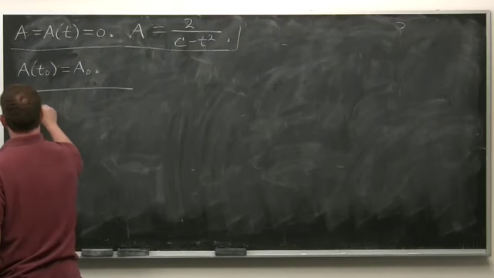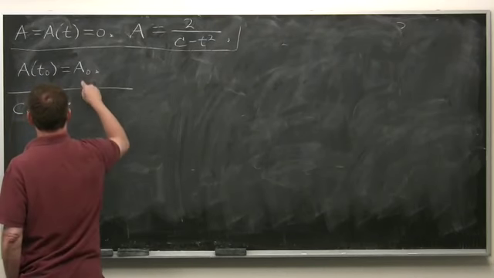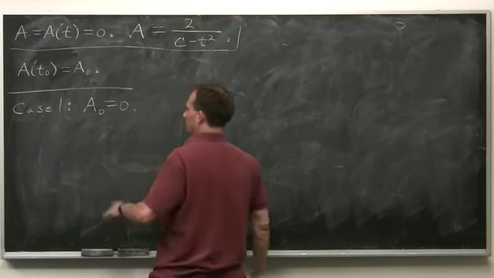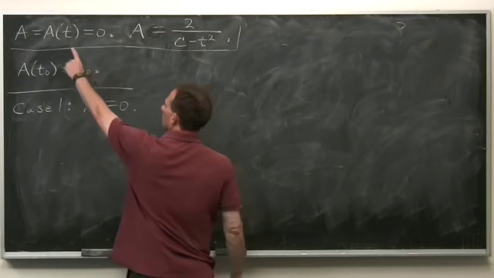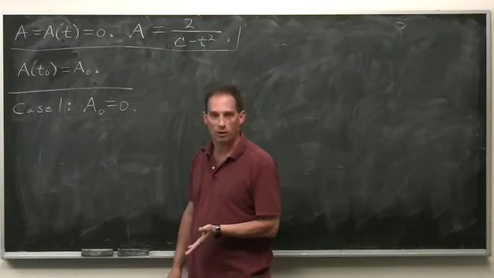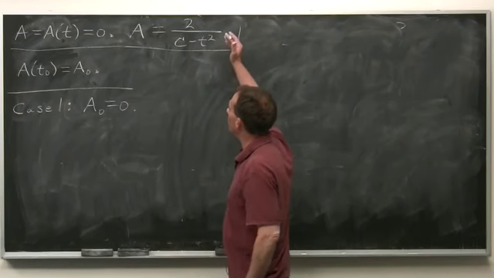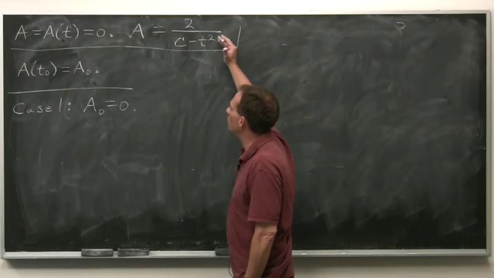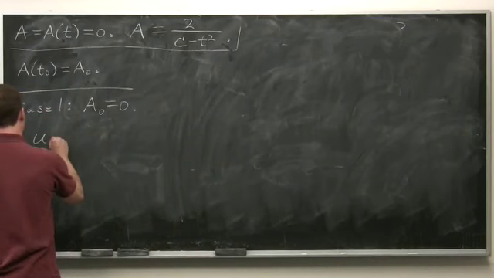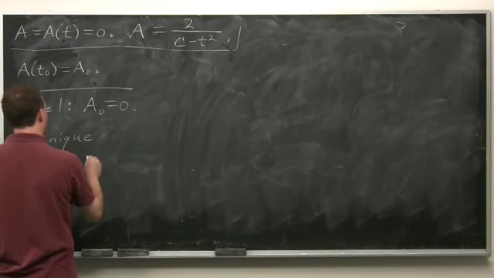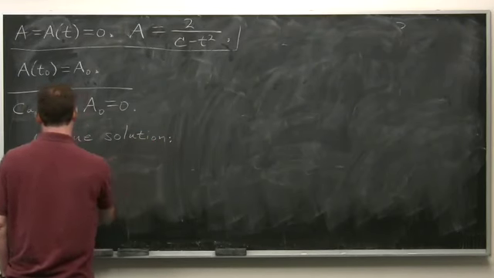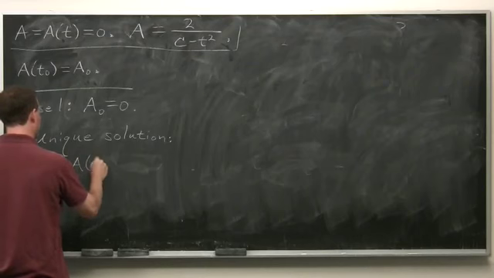Case 1, what if this A naught that we're given is 0? Well, if that's 0, then this solution satisfies the initial data, because it's always 0. And in fact, it's the only one, because this is never 0. It's a quotient. This is never 0. Case 1, if A naught is 0, the unique solution to the initial value problem is the function that's always 0.